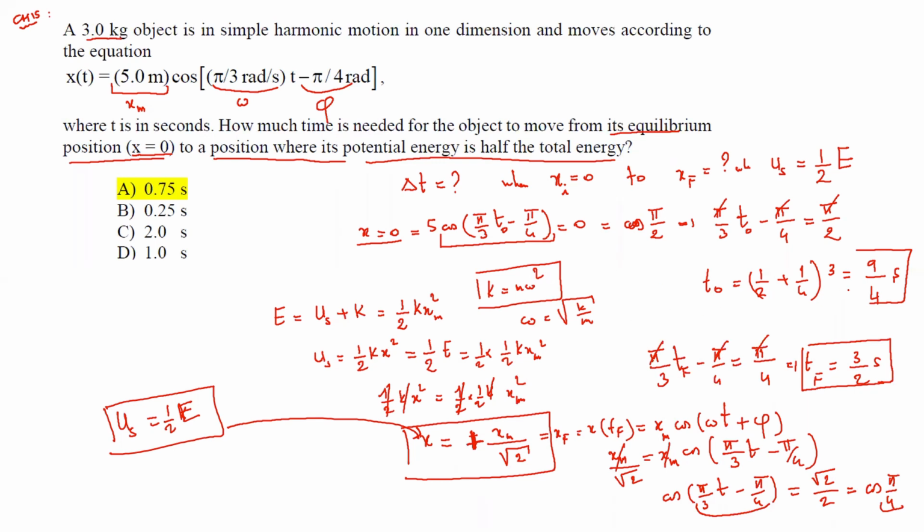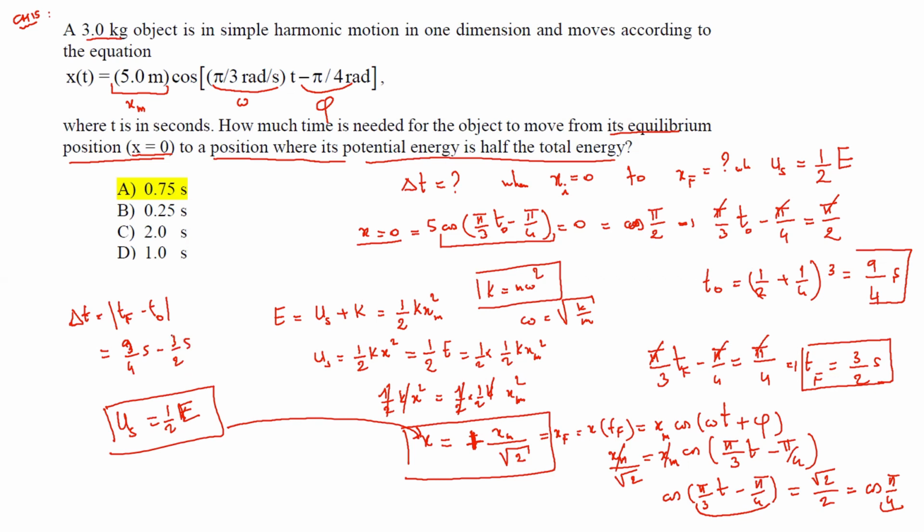Now I know the time t0, and I know tf. So delta t is the absolute value of tf minus t initial. Okay. And if I do it, I will find what? I will have basically 9/4 seconds minus 3/2 second.